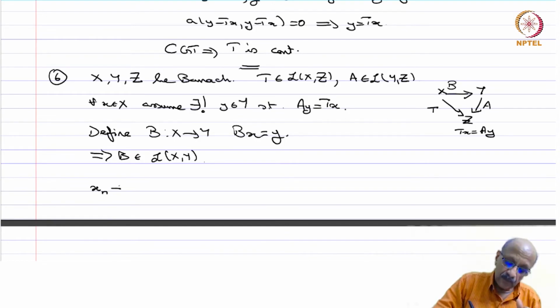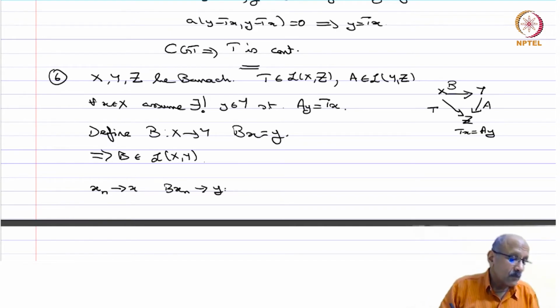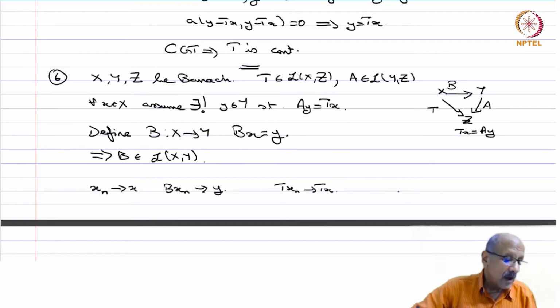So xn goes to x, and then you have Bxn goes to y. So xn goes to x, so Txn goes to Tx, and A of Bxn will go to Ay.